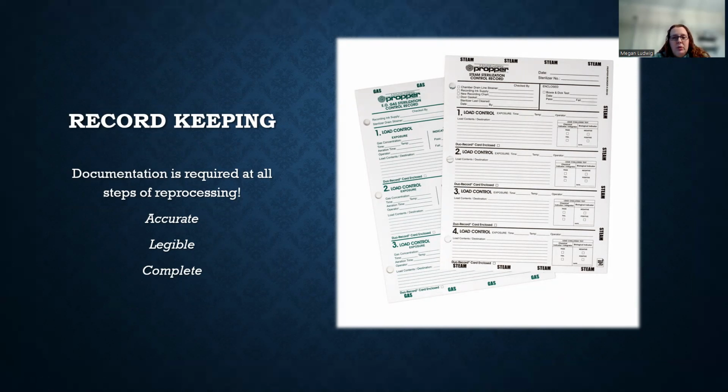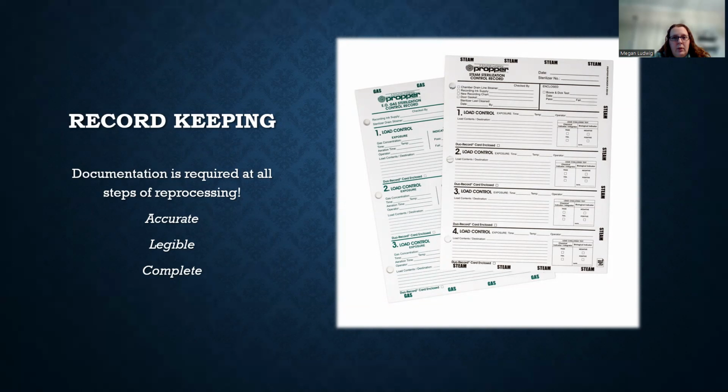Maybe it was a faulty piece of equipment. Maybe the sterilizer didn't get loaded properly. We've talked about troubleshooting those sterilizers before, so it might be something as simple as that. It could be something more complex, but you at least have a record of every item that's been sterilized, right? So documentation is required for every step of reprocessing.